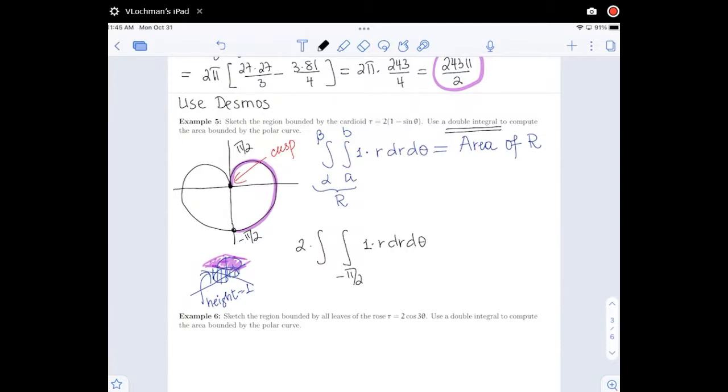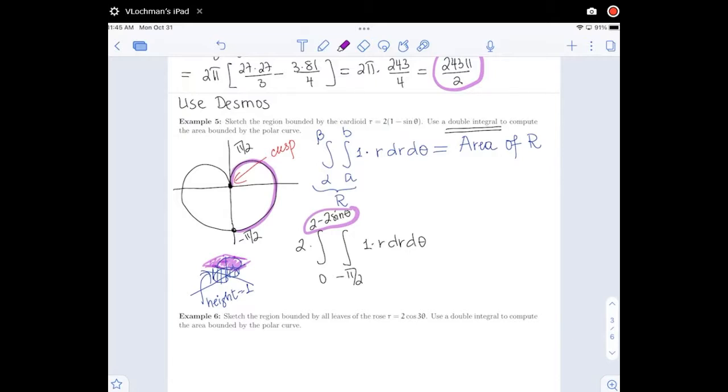What about theta? Theta actually goes from 0 to 2 minus 2 sine theta, which means we should switch the order of integration, right? Because this is now a function, that's not a number.